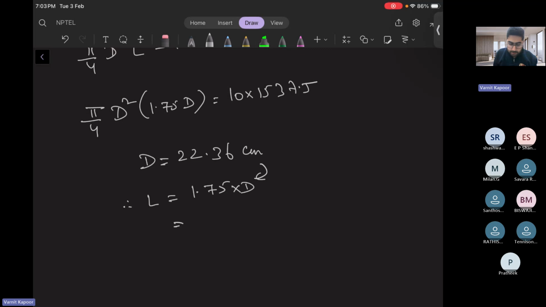If you got d, then your L will be 1.75 times d. Put this d here, and that will be 39.142 centimeter. So you got the length of the stroke as well as the bore of the cylinder. Then the crank radius was asked.